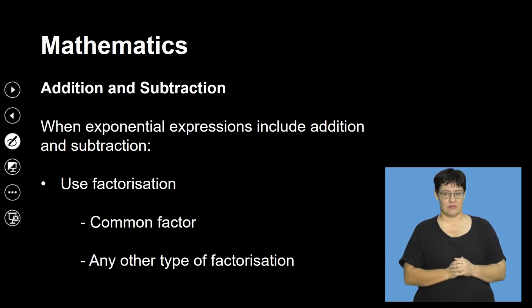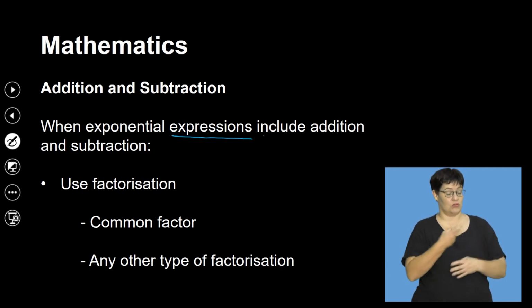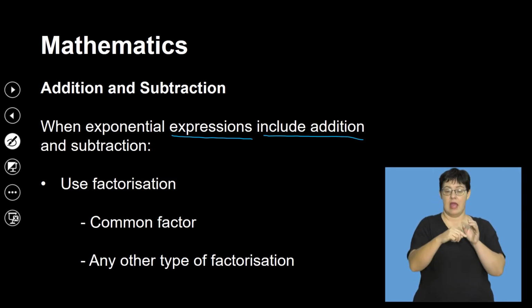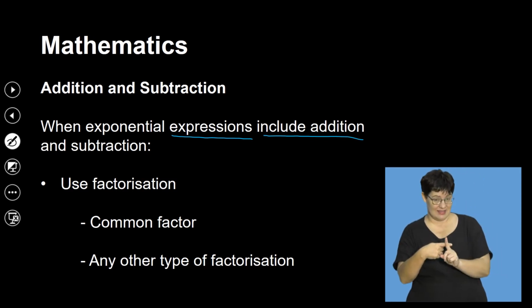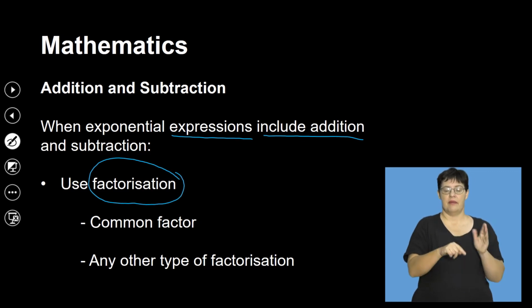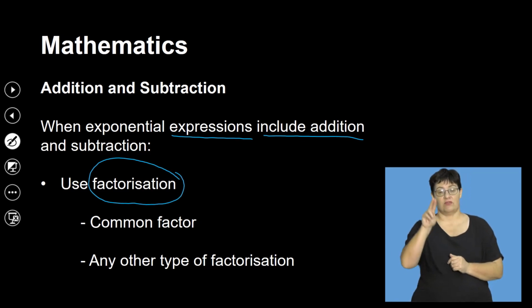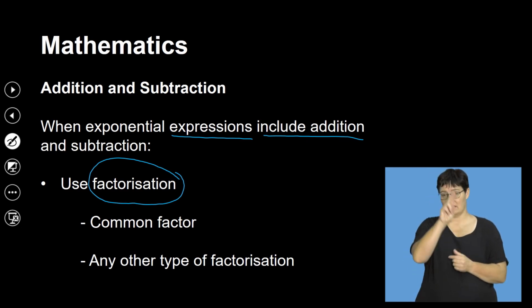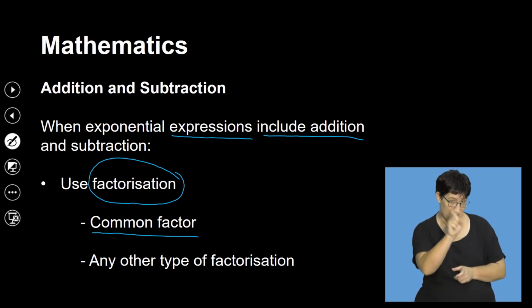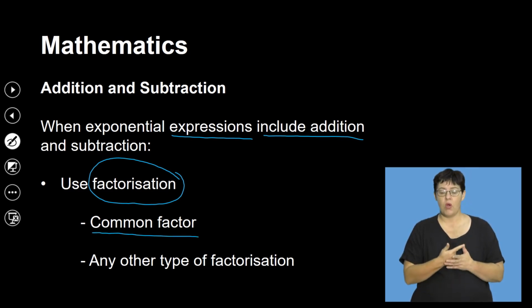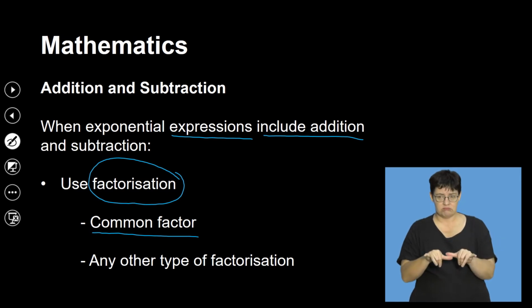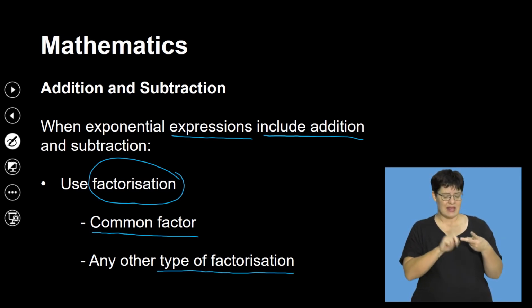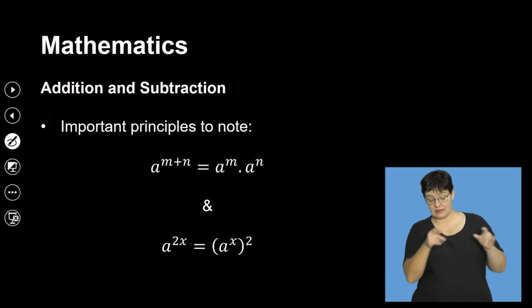So when an exponential expression includes addition and subtraction, the main thing that we use here is called factorization, right? I know you guys run away from this because at times it becomes a problem, but now we're going to do it with exponents. The first very common method is the common factor type of factorization, and then any other type of factorization depending on the expression that you have at that time.